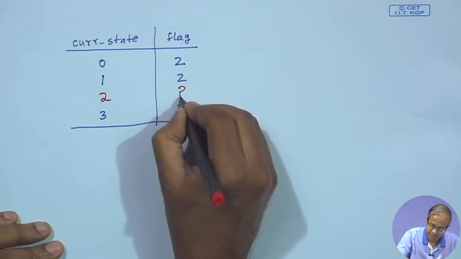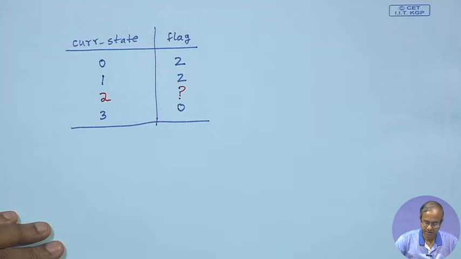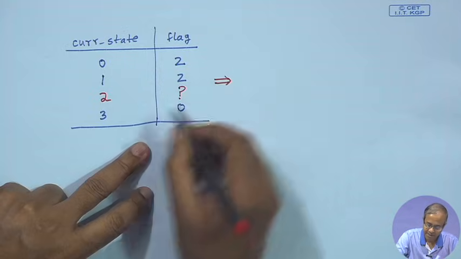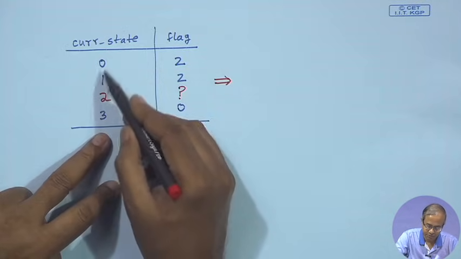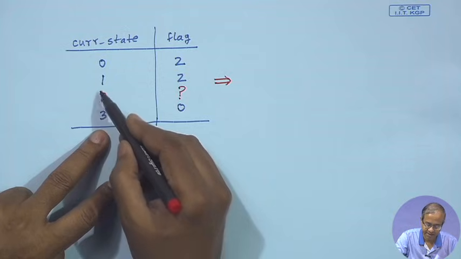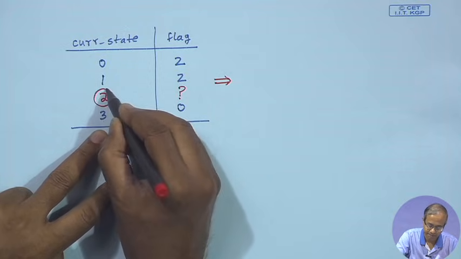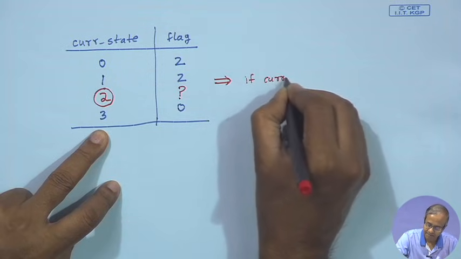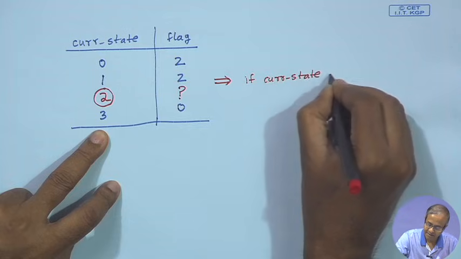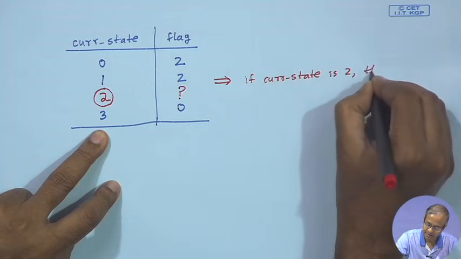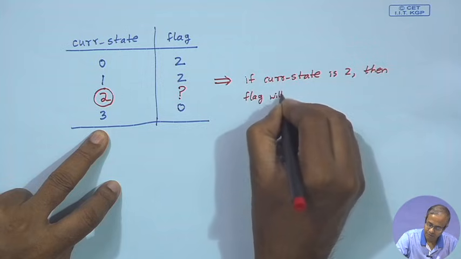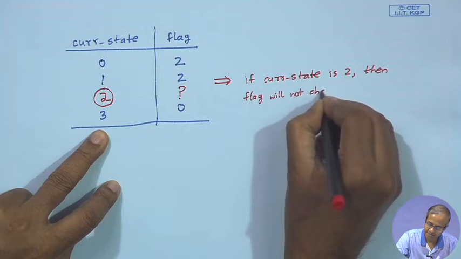So, we have not specified the value of the flag. So, what is the meaning? Now, the Verilog simulator or the synthesizer will assume the meaning as follows: if some of the input descriptions are missing in the case statement, like here the value 2 was missing, the interpretation will be if current state is 2, then flag will not change.